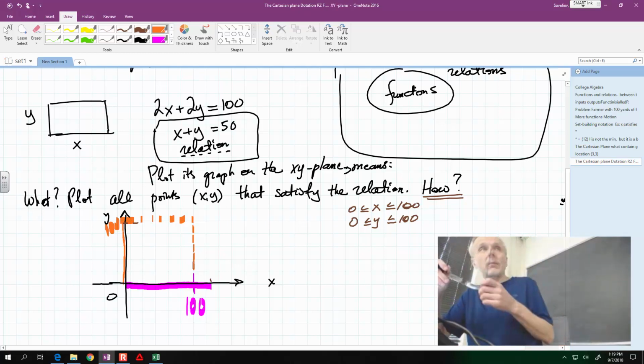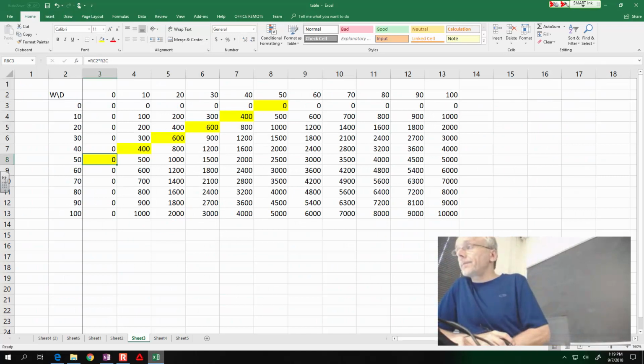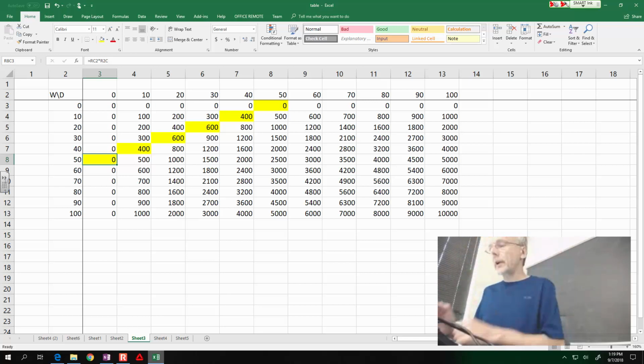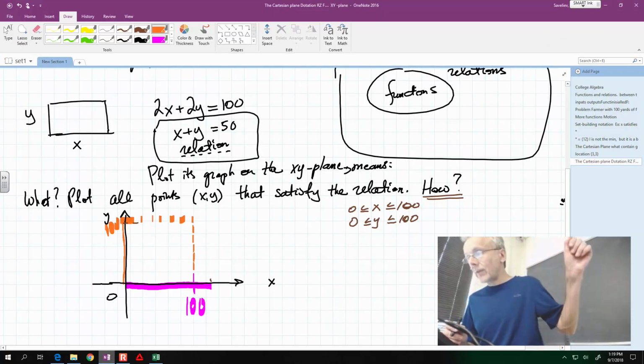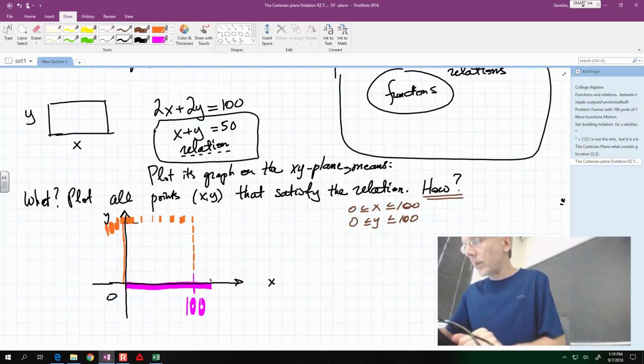Which means that the most natural way to try to plot it is to verify every point on the grid, just the way we did it over here. I'm trying to reproduce this picture pretty much. I'll have a lot of possible values of x.